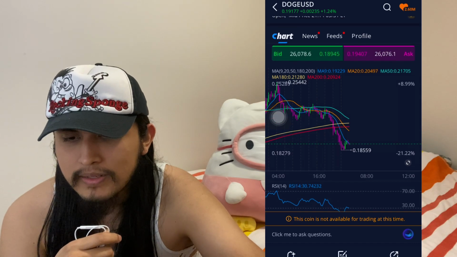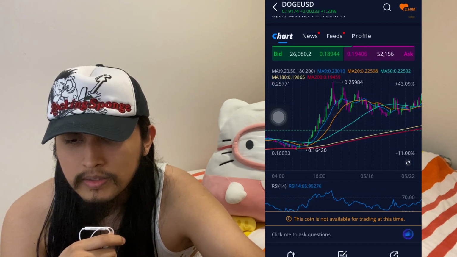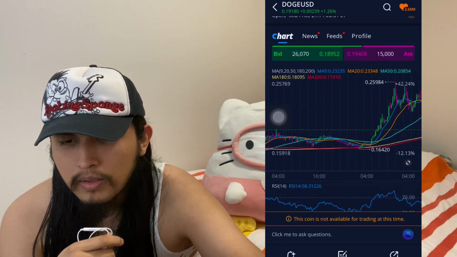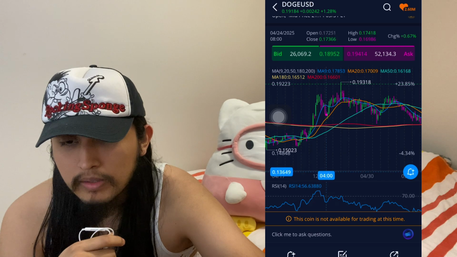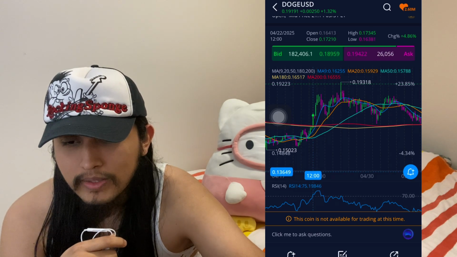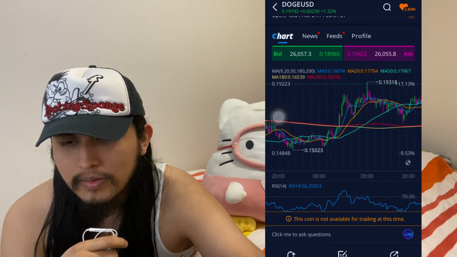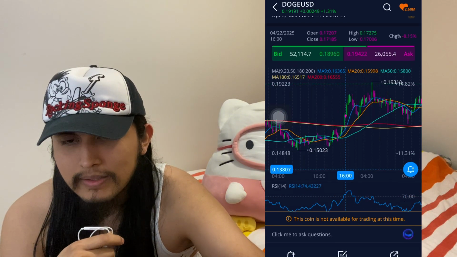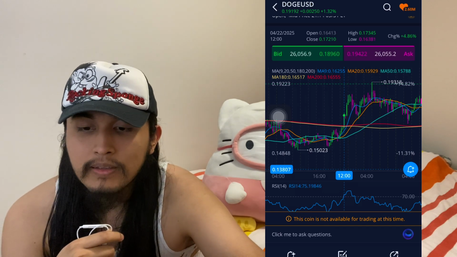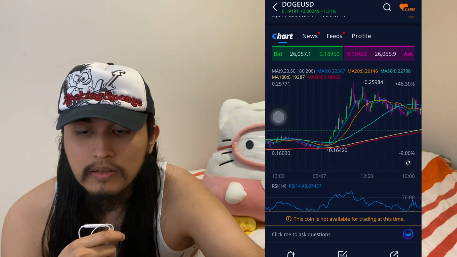I would say it's in a downtrend now that it's below the 180/200-day moving average, because on April 22nd, and we're in May, we finally managed to break above the 180 and 200-day moving average, and then ever since it's just been in an uptrend.